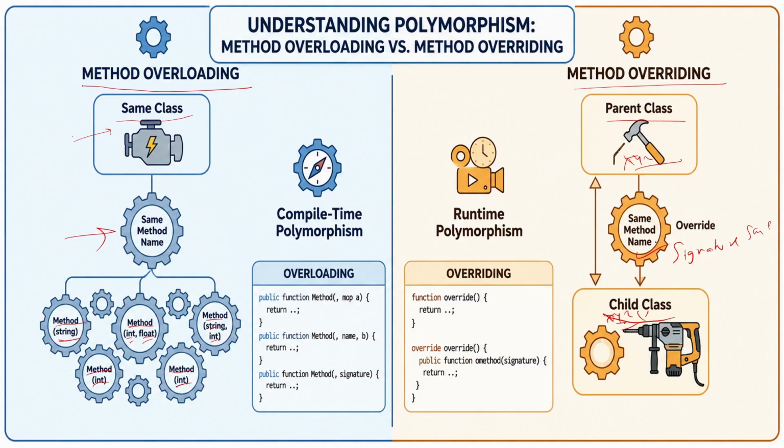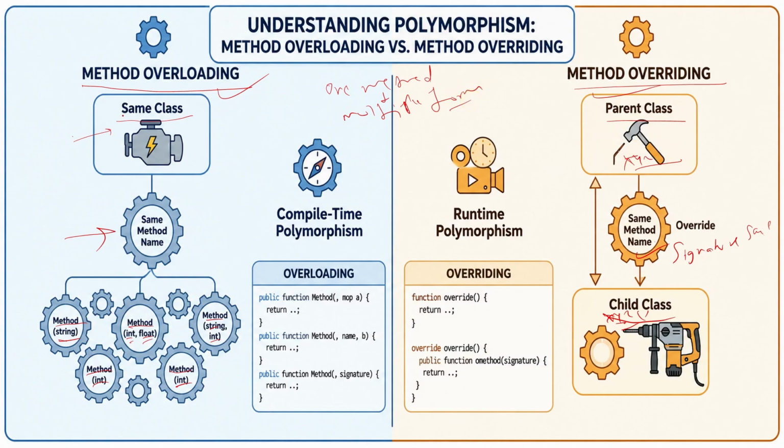Now the next question comes, what is the use of method overloading and method overriding? So we have the concept of polymorphism. Polymorphism means one method with multiple forms or multiple implementations.